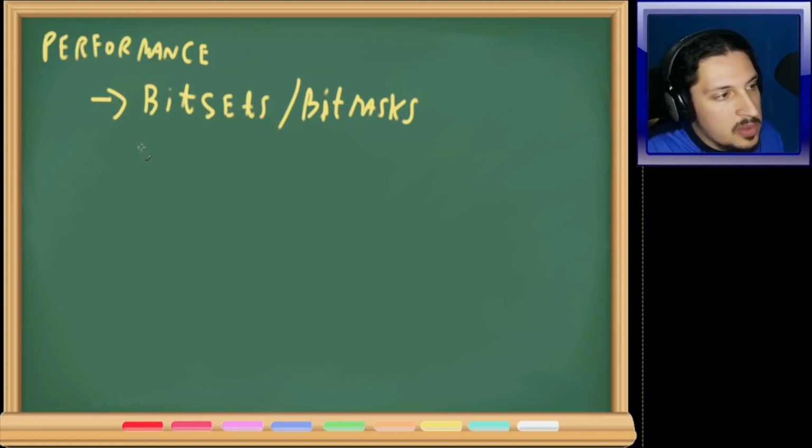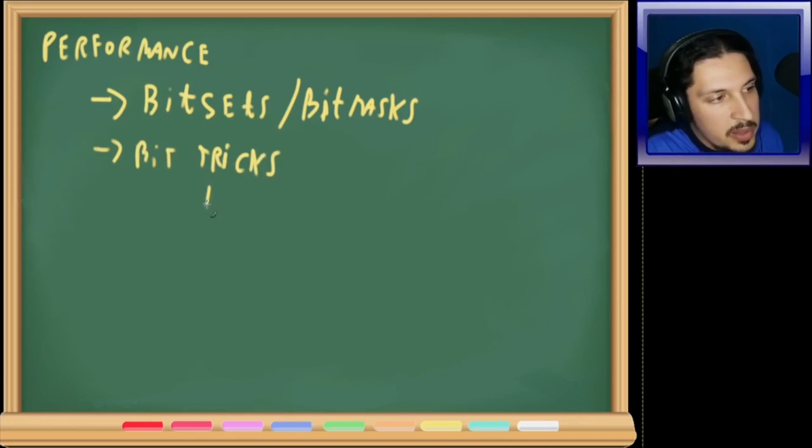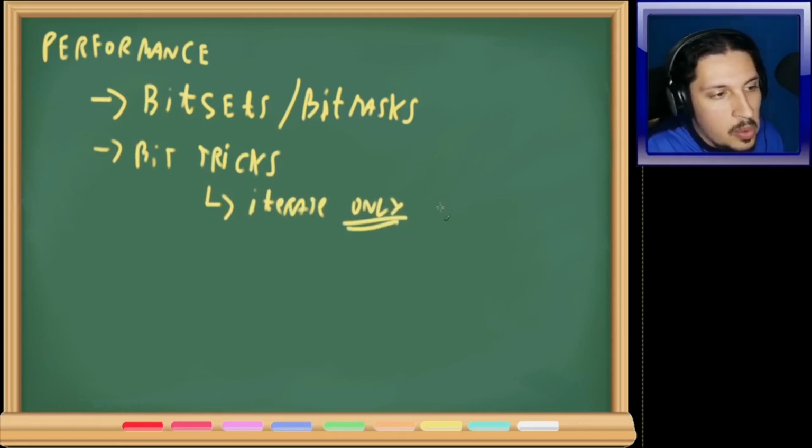And speaking of bit tricks, this is useful for other problems as well, but you probably should know at least how to iterate only the ones or zeros.